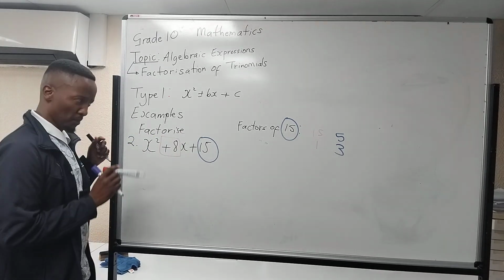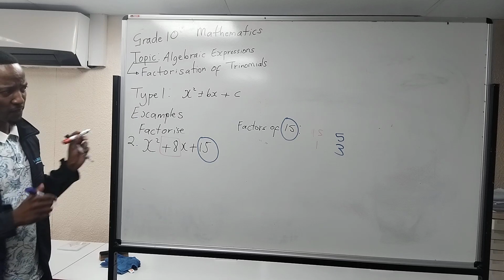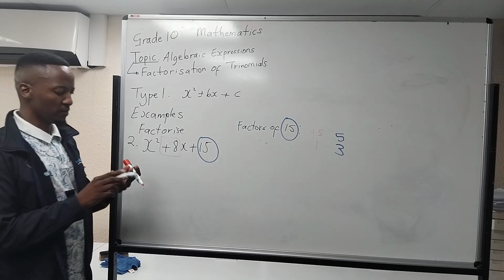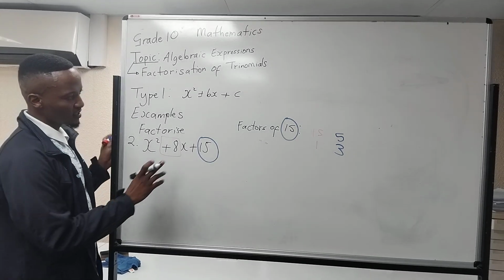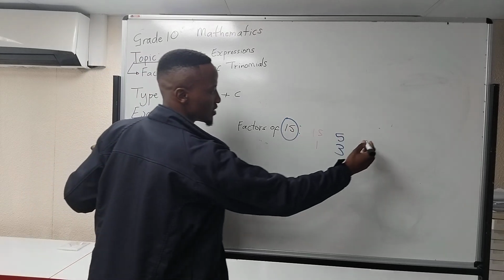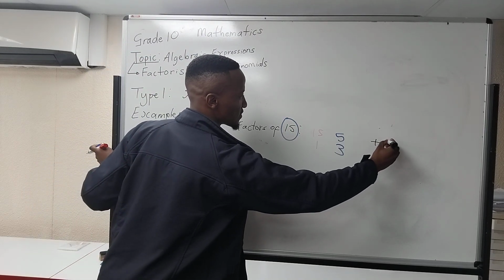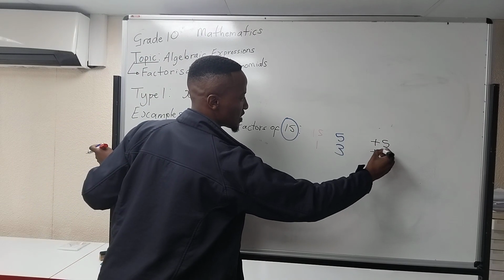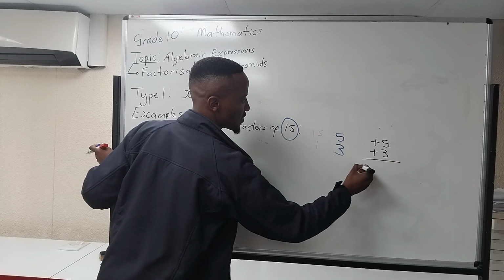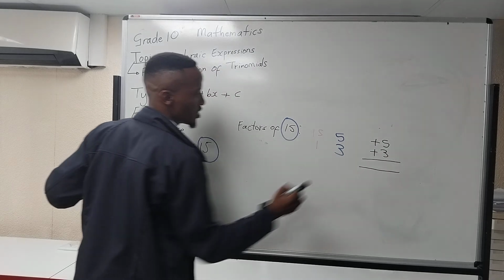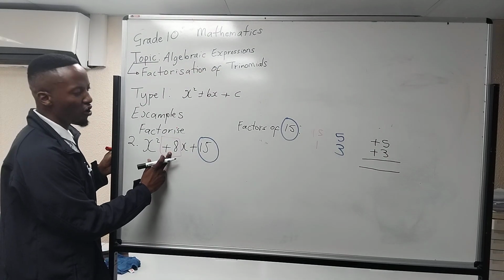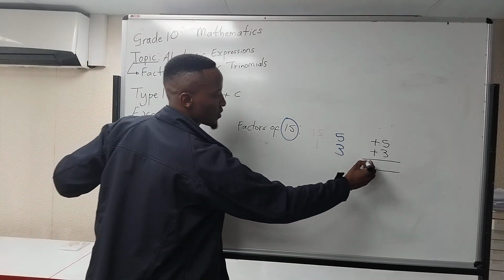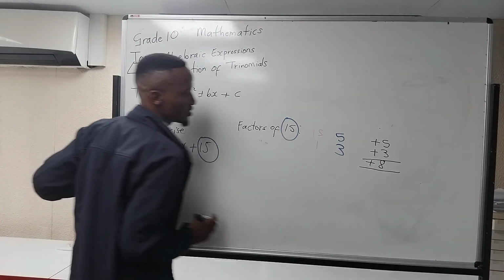So we look at the factors that we have there. With the factors that we have, the only factors that will assist us is positive 5, positive 3. We select positive 5 and positive 3 because they will give us a coefficient of positive 8.